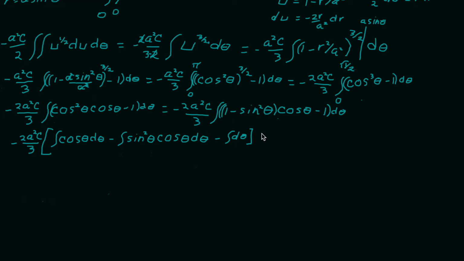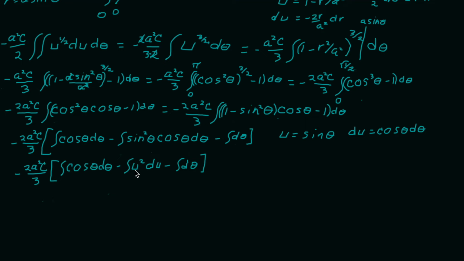So let's plug in u equals sine θ. du then becomes cosine θ dθ. Now we'll rewrite this term here, plug in u in for sine θ, given u squared and this cosine θ dθ will equal du, so we'll plug in du for the cosine θ dθ.